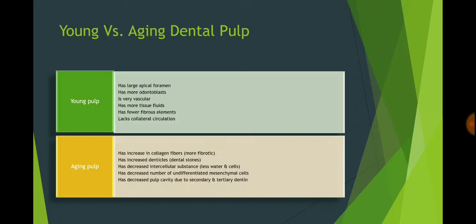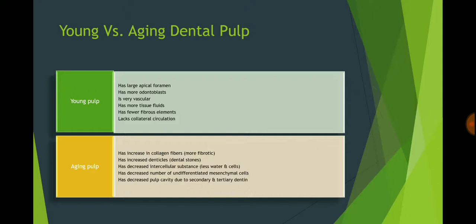If something is very vascular, it means it delivers nutrients to the area faster. So you have more growth capability, more healing capability, and higher chances of fighting infection. It has fewer fibrous elements. It lacks collateral circulation.